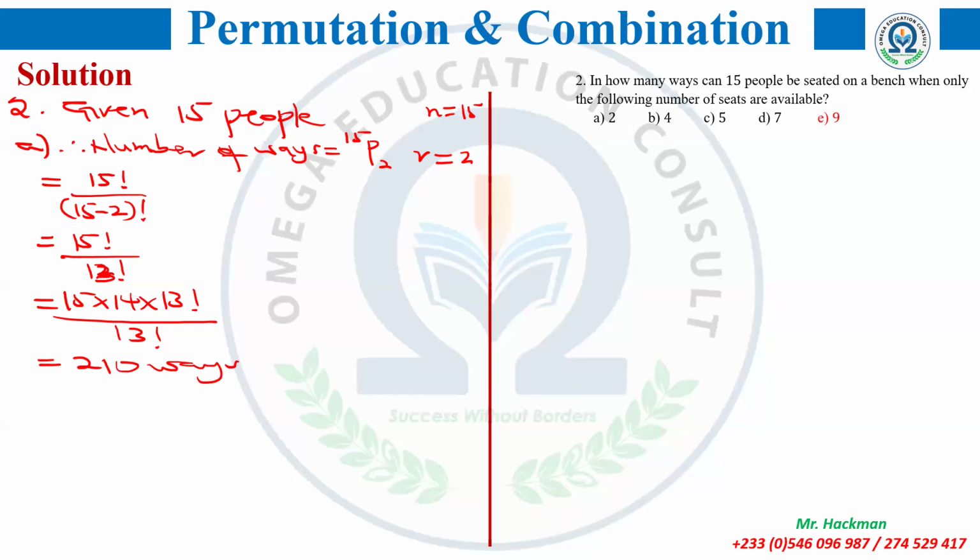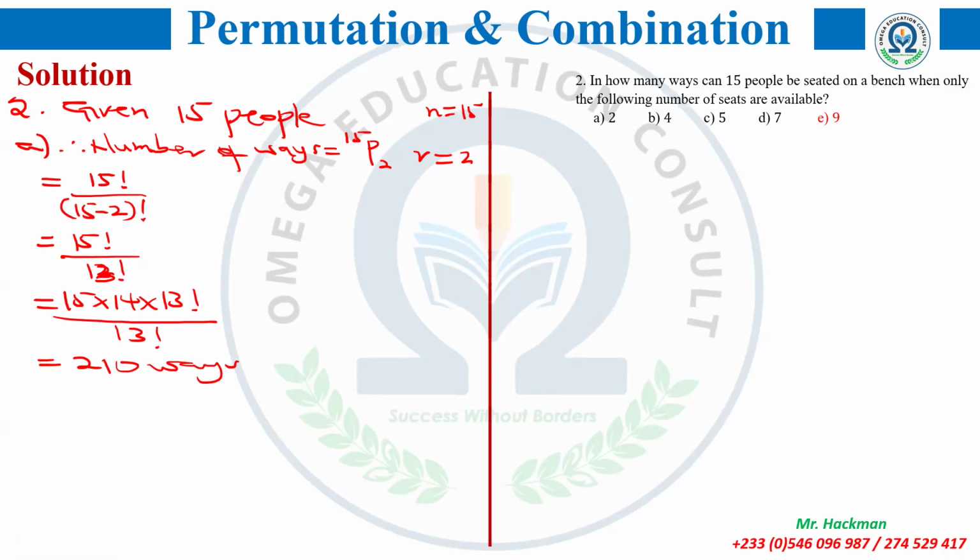So your n is 15 and you need to know your r. So with this one, your r will be 4. Your r will be 5. So which will give us 15 permutation 5, 15 permutation 7, and 15 permutation 9. You know how to simplify that using the definition.